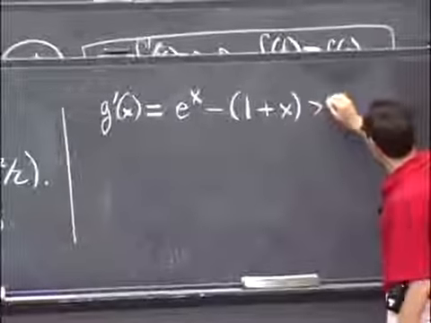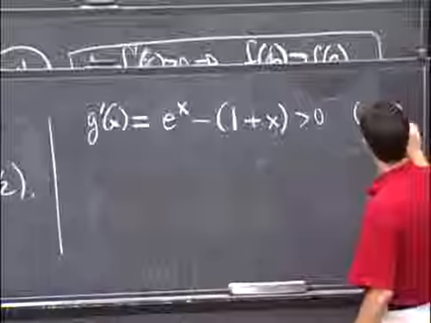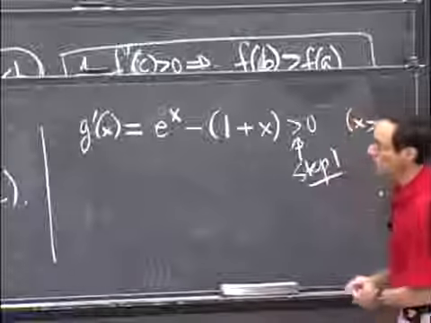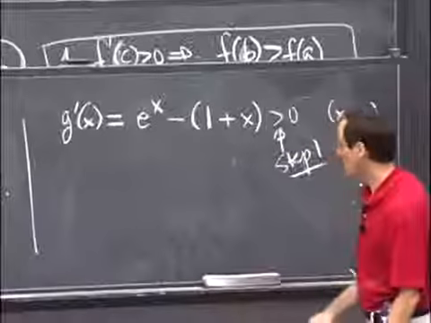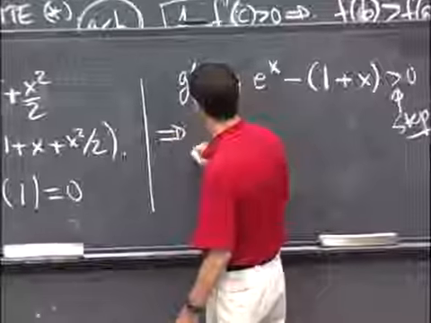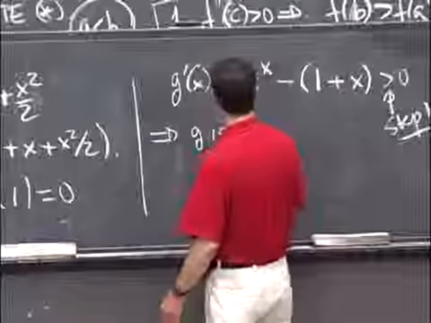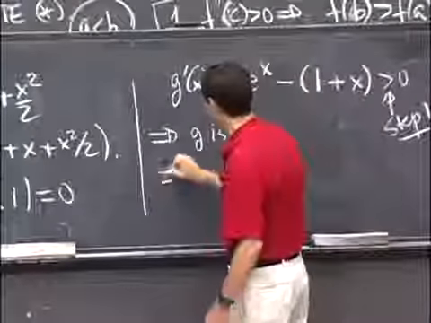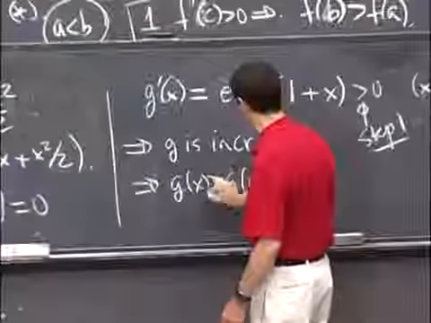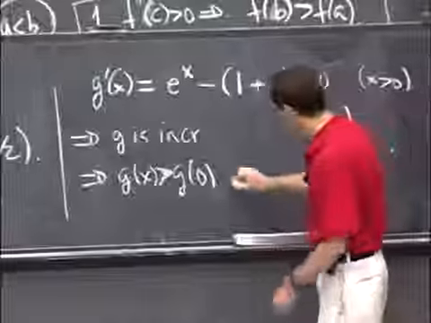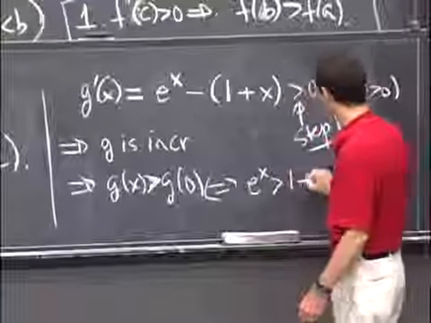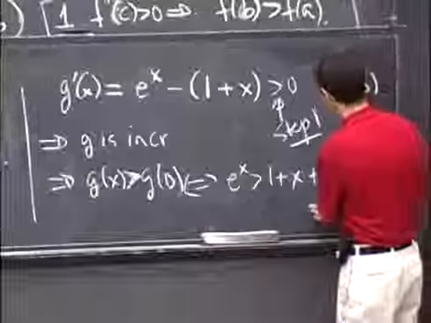And this one is positive for x greater than 0 because of step 1, because of the previous one that I did. All right? So g is increasing, which says that g(x) is bigger than g(0). And if you just read that off, it's exactly the same as our inequality here. e^x bigger than 1 plus x squared over 2.